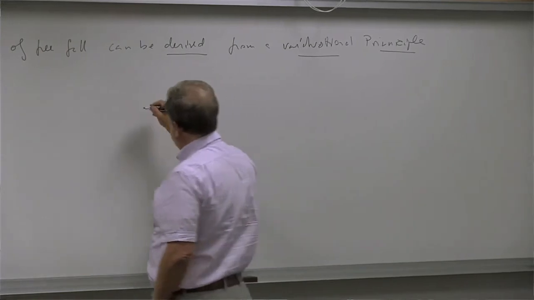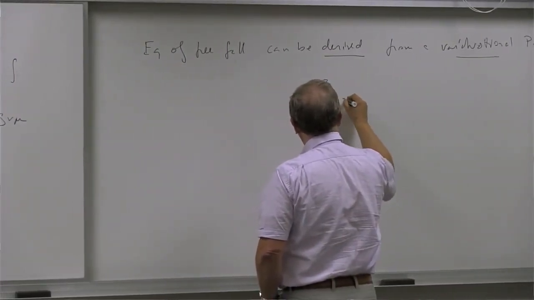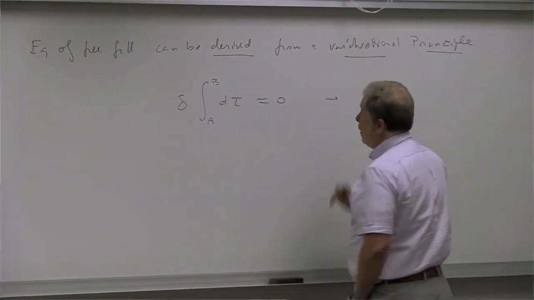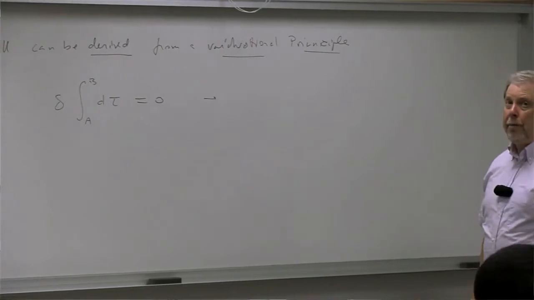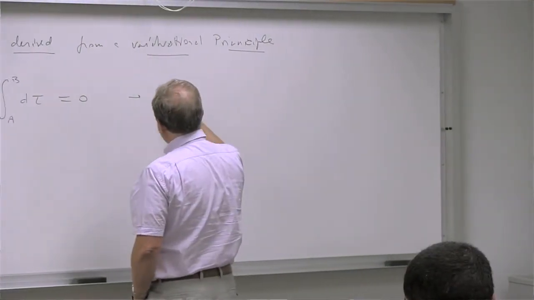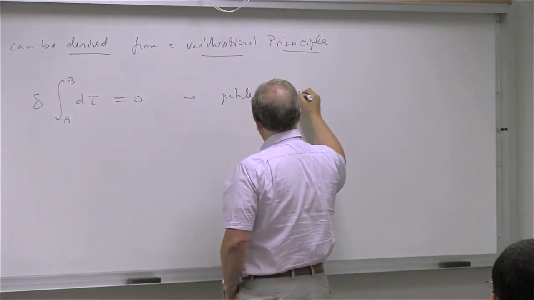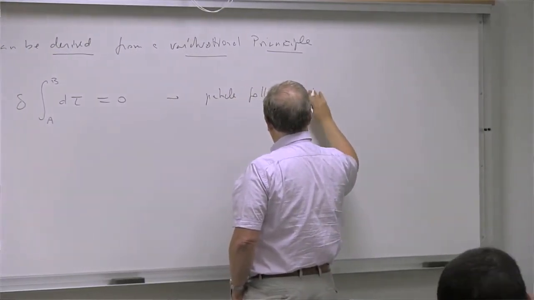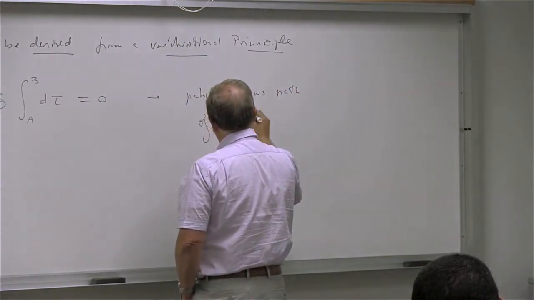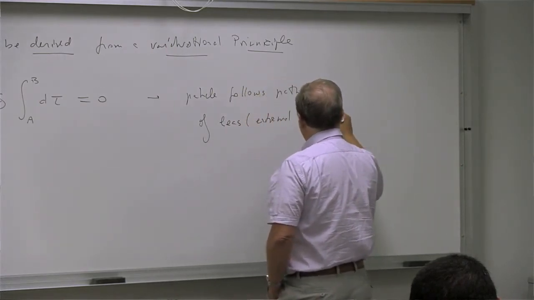And that variational principle is that the variation from A to B in d tau is equal to 0, which means that the particle follows the path of least, or extremal, proper time.